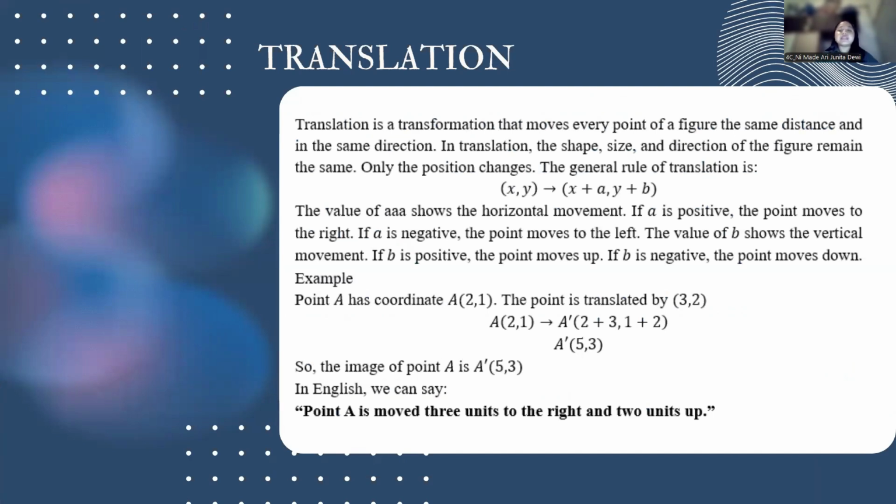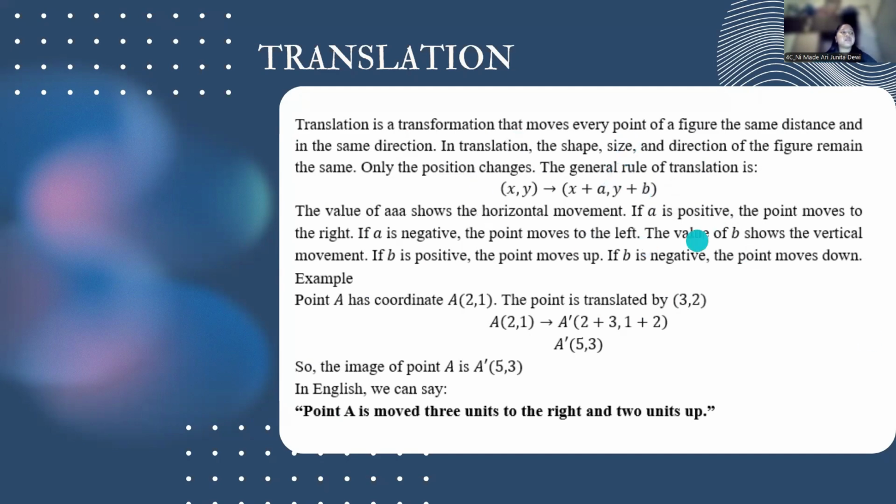And now, let us discuss the first type of transformation, which is translation. Translation is moving a figure from one position to another without changing its shape and size. In a coordinate plane, the general rule of translation is: the value of a shows the horizontal movement.